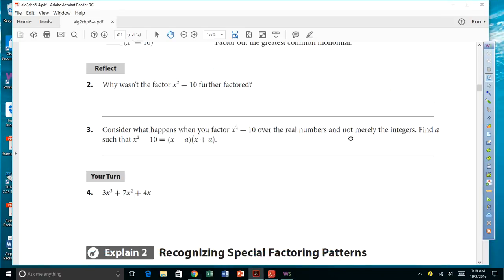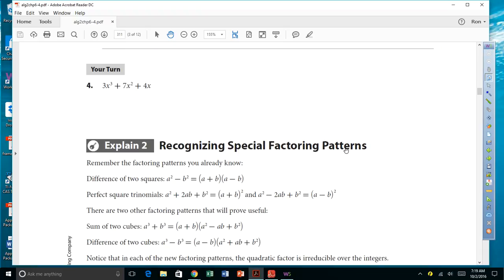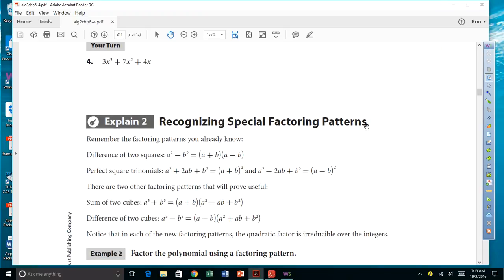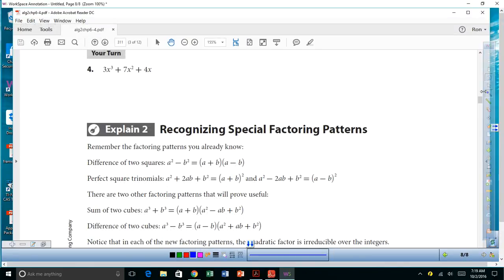Let's try your turn, number 4. You have 3x cubed plus 7x squared plus 4x. Now, what's the greatest common factor there? Well, they all have an x, so we can take an x out, and that gives you 3x squared plus 7x plus 4.